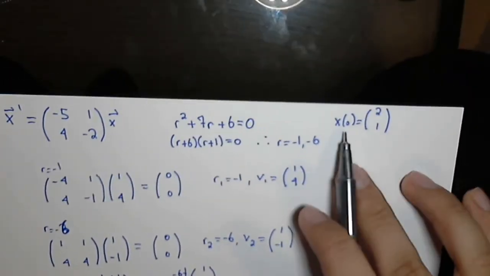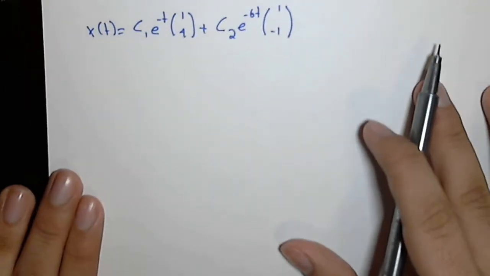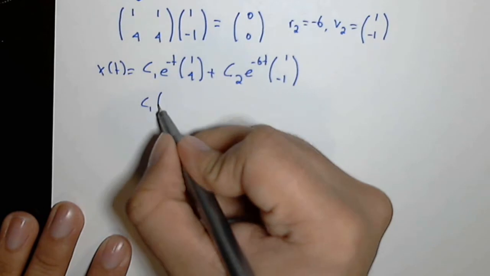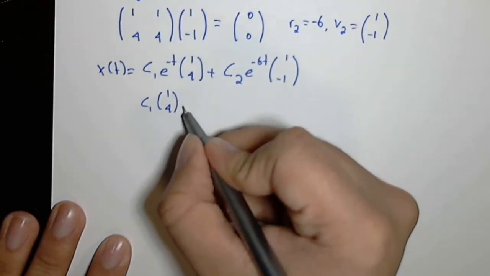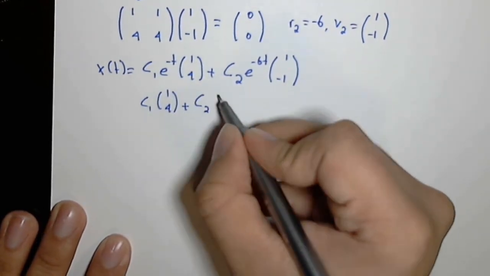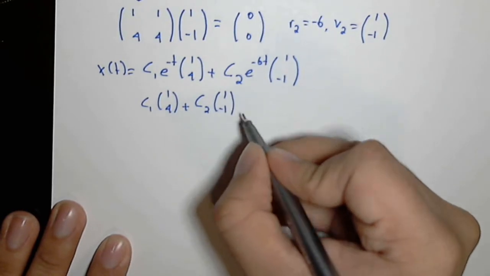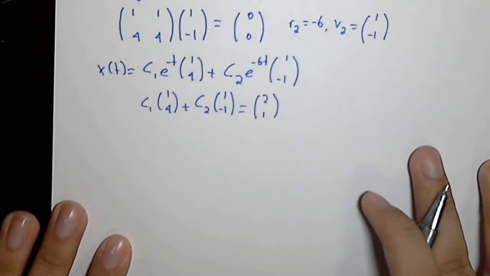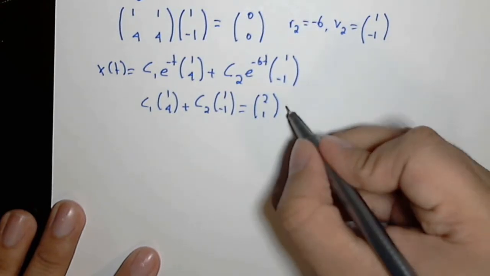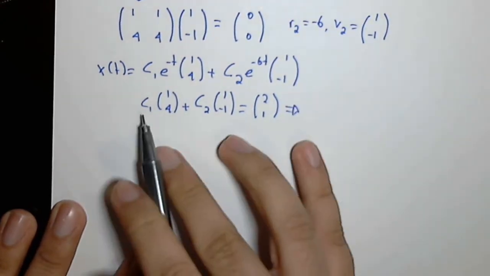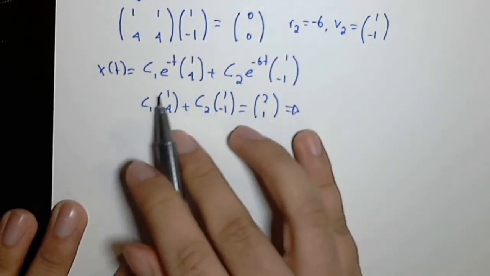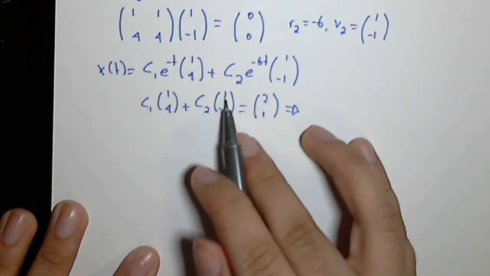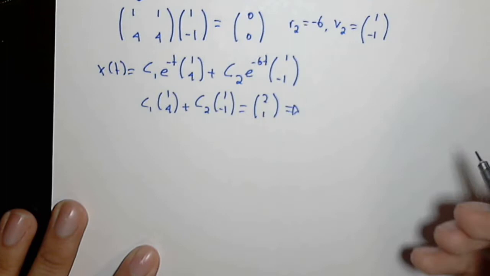So plugging in t equals 0 everywhere, we get, in other words, we know that the first entry of the C1 times the first entry here, C2 times this first entry here has to equal the first entry here.